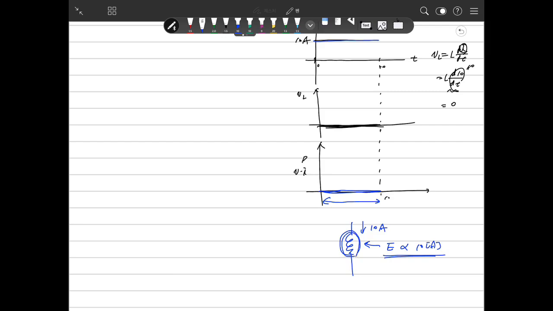It means the energy is constant, with no charging or discharging. Because the inductor stores energy by the current, the inductor actually stores energy in a magnetic field, but the magnetic field is proportional to the current. So the current is constant, which means there is no variation of the energy stored in the inductor.